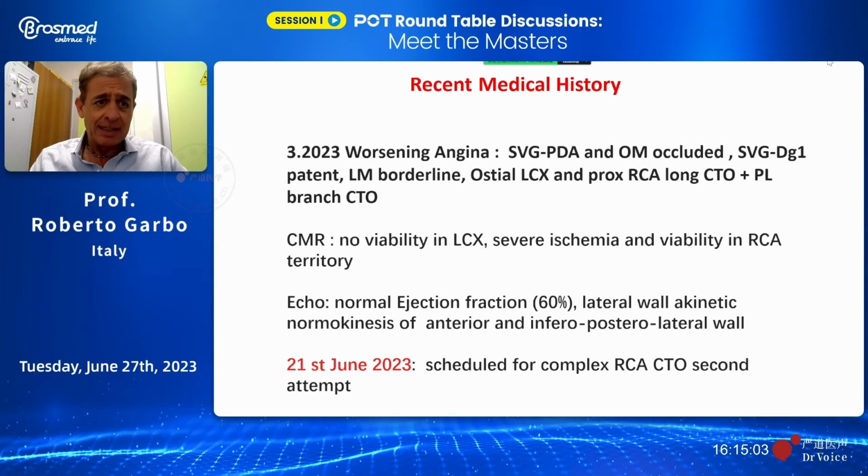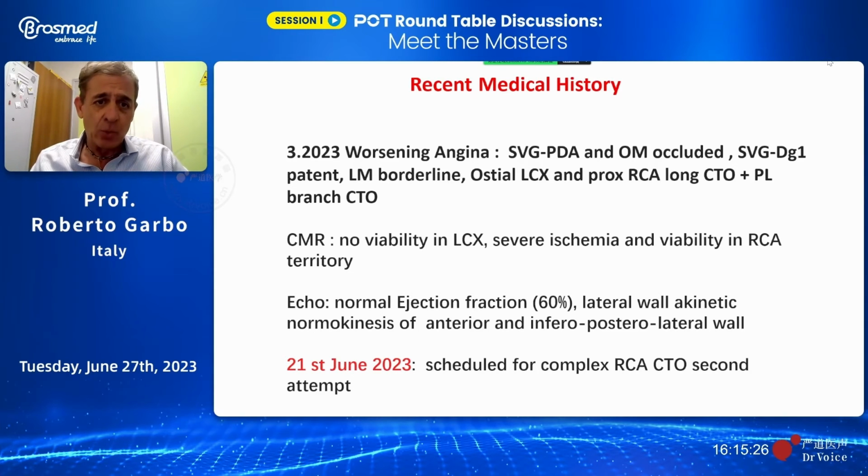And then we go to this year. So March of 2023, again, worsening angina and ischemia. The angio showed occluded graft to the PDA and OM, and the only patent graft is on the first diagonal branch that feeds part of the OM.